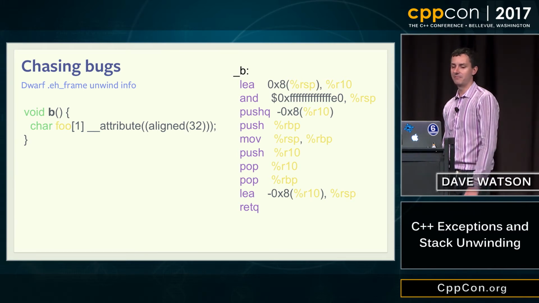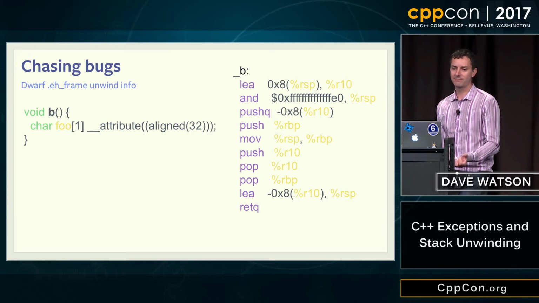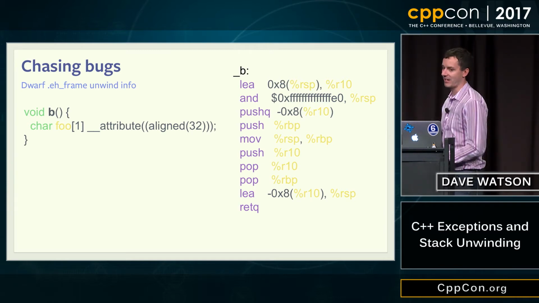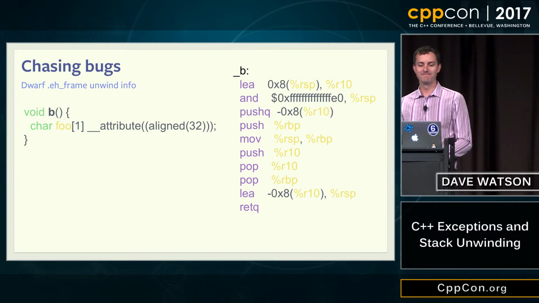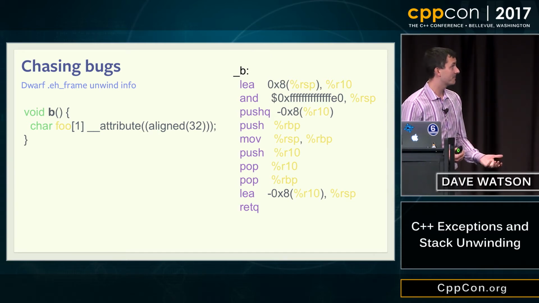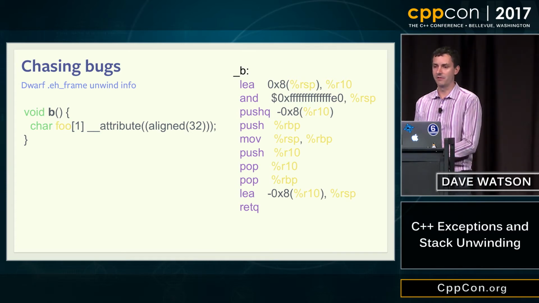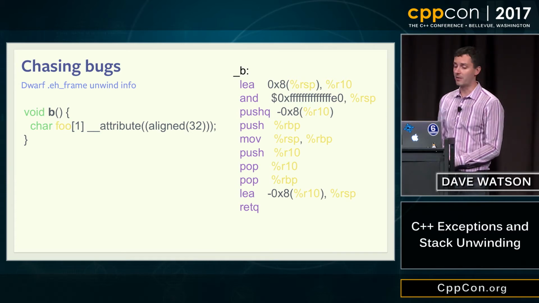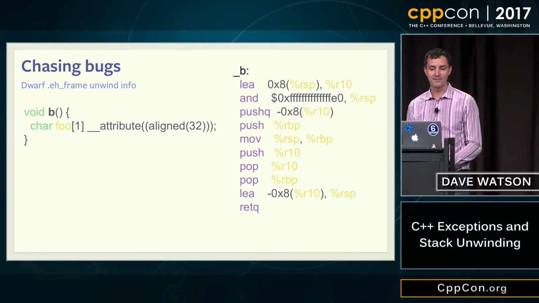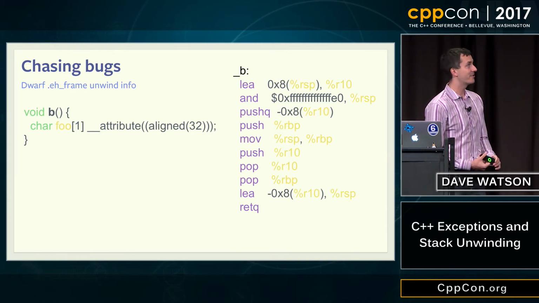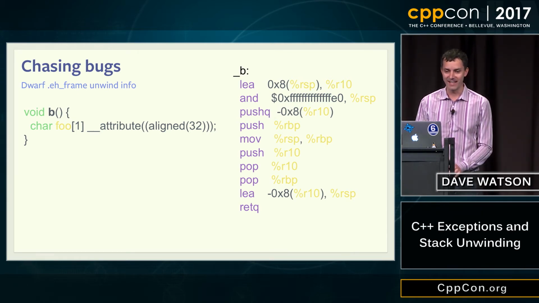First, it takes not the return address, but a pointer to the return address, and stores it in R10. Then it aligns the stack using a mask. So the stack goes down. It ANDs out the 32 on the bottom, so we'll align it to 32 bytes. Then we push the address of the return address onto the stack.